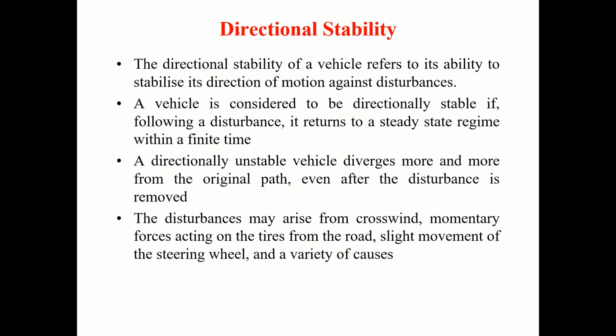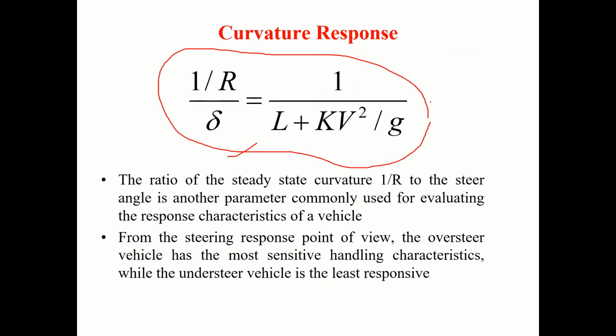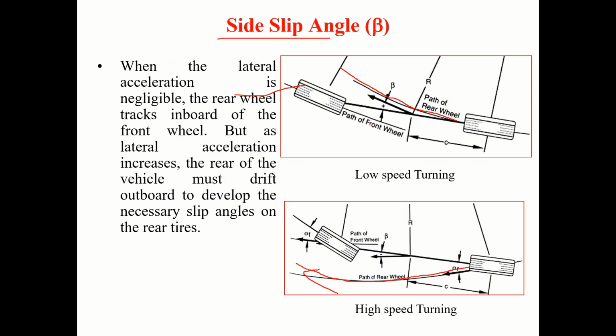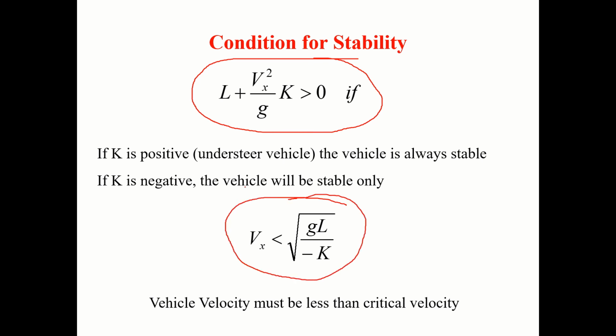Okay. Next, direction stability. One minute. Now you take this part of the equation. Condition for stability, that must be positive value. Right? This has to be positive, means the vehicle will be stable only when velocity is this, if K is negative.